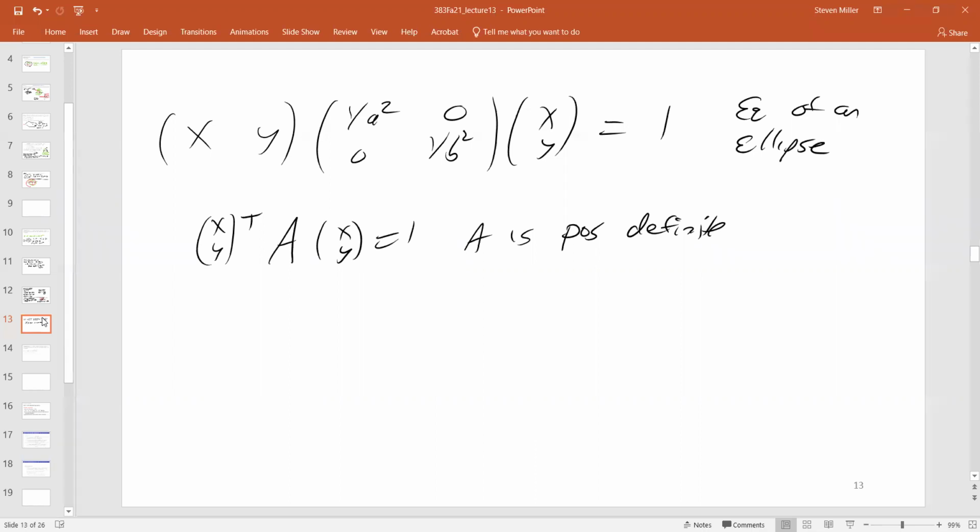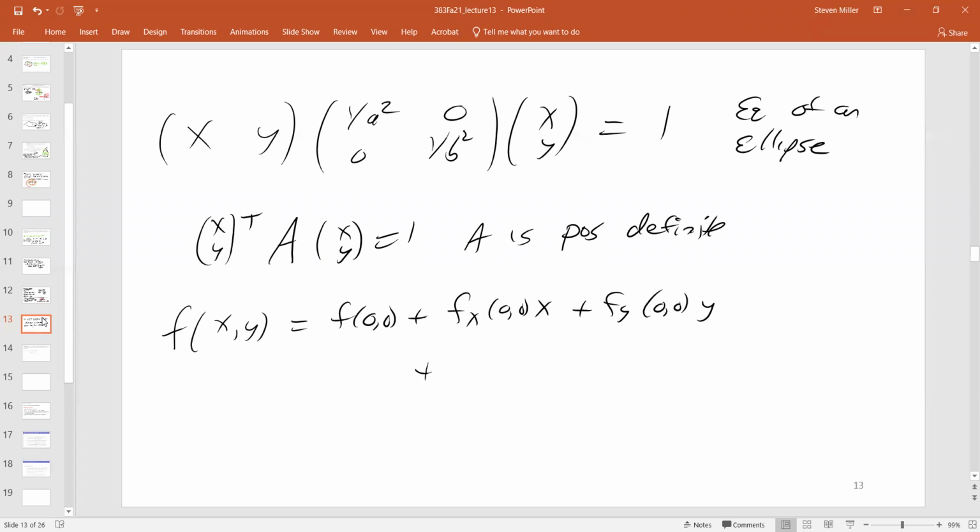If I give you a function f of x, y, I can write it as f of 0, 0 plus f sub x at 0, 0, times x plus f sub y of 0, 0, times y. And then I have the Hessian matrix, x, y. This is the matrix of second partial derivatives.